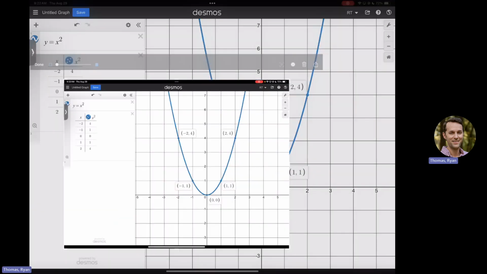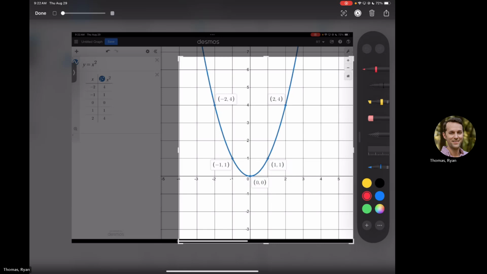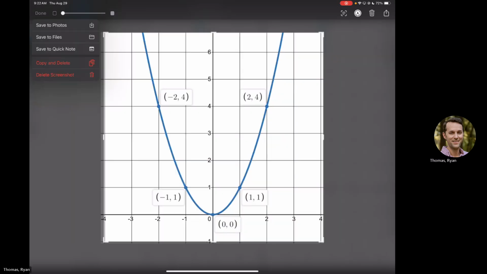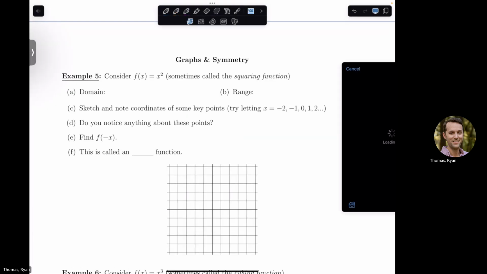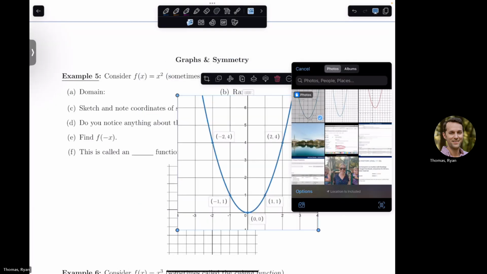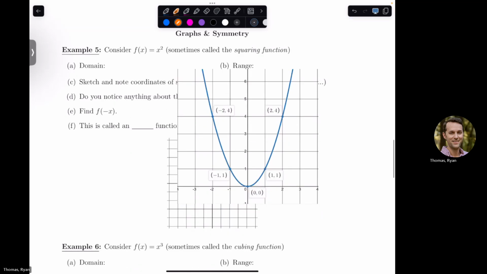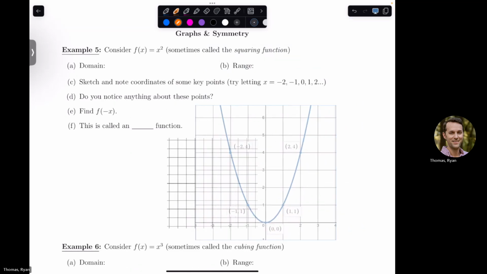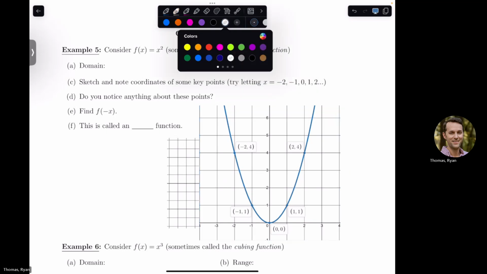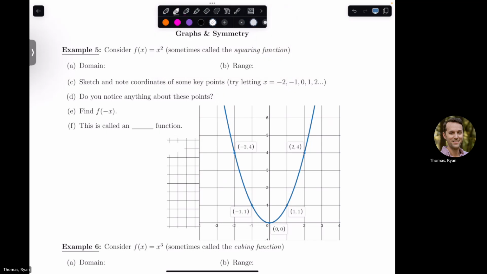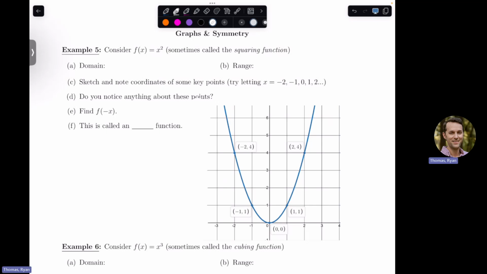You're going down. Opposites. Yep. Maybe for.